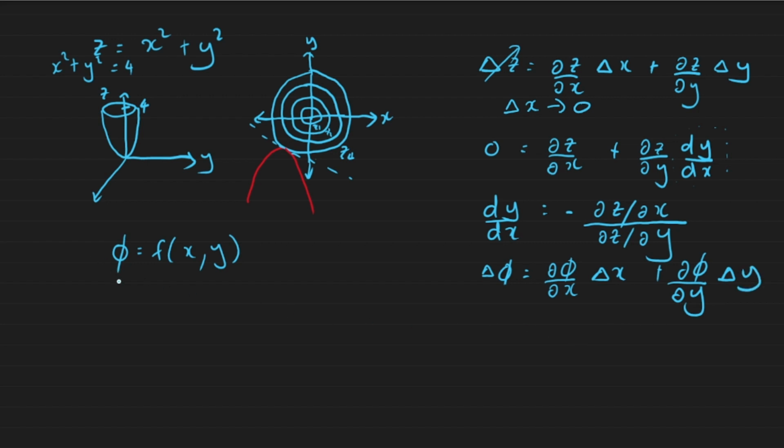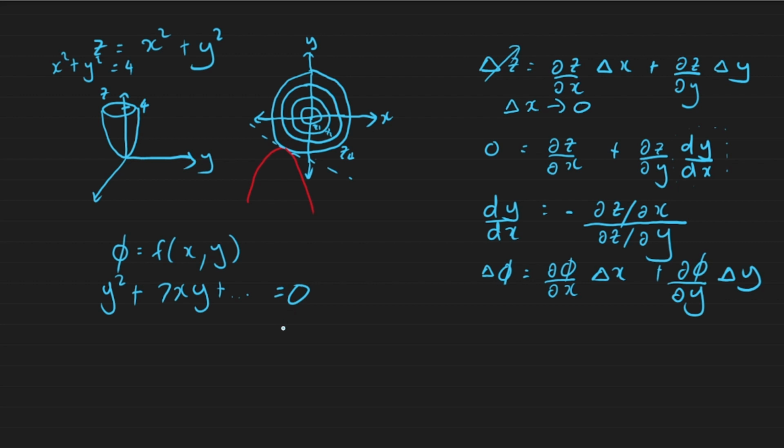The key thing to note is that phi is an implicit function, so we would have something like y cubed or y squared plus 7xy plus something equal to 0.